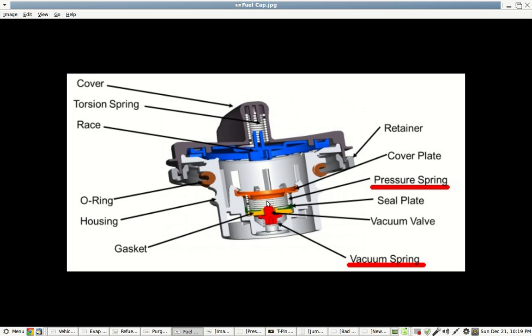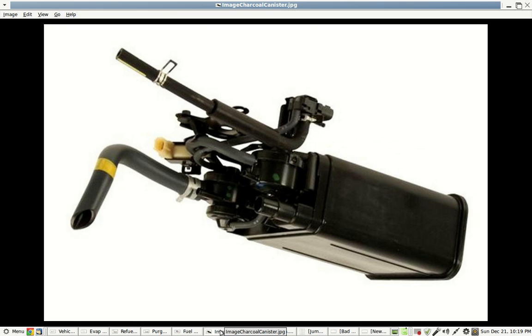So the engineers are trying to keep the fuel from exploding. And here you have the seal, which of course just wears over time. It is a good idea when you service the evap system to change the cap out, because they are prone to malfunction and give problems, and then the check engine light comes back on.